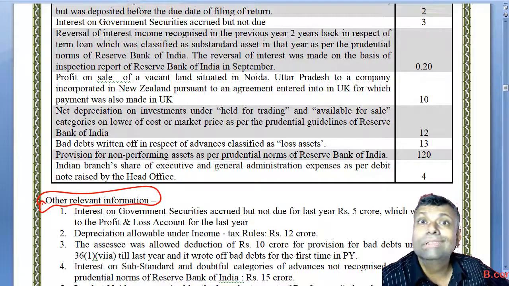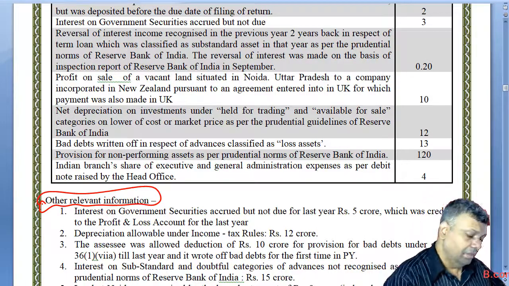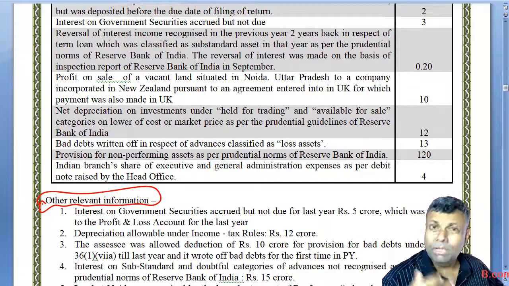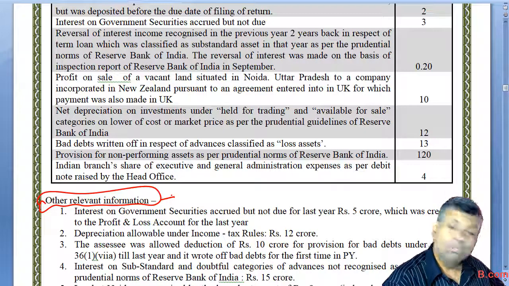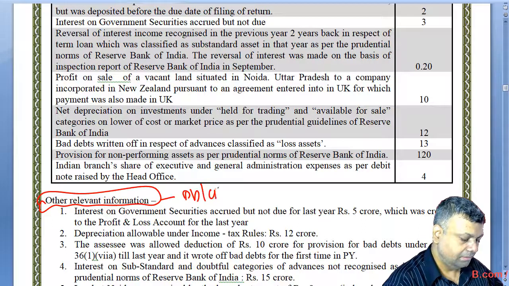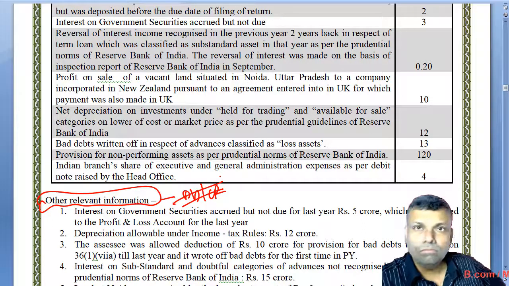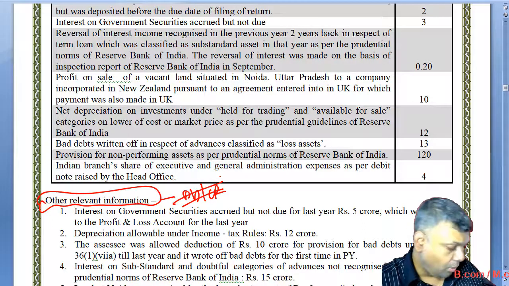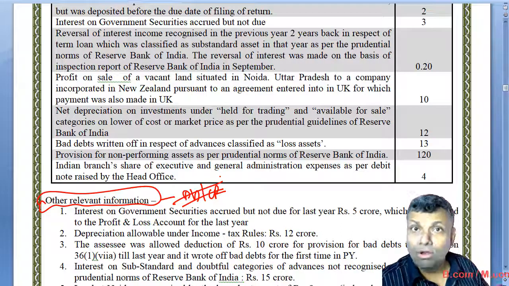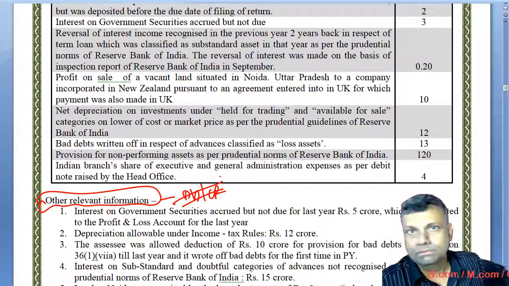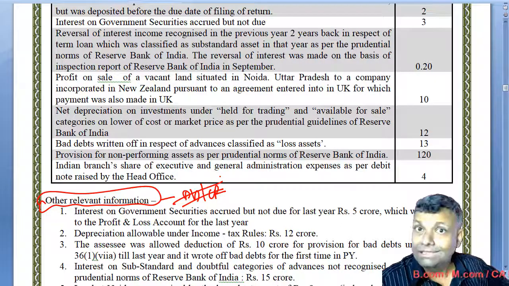What do you mean by this other relevant information? That means these particular points, as per the question interpretation, are not covered by debits and credits. And that's the reason points 1, 2, 3, 4, 5 are not included in the above table.